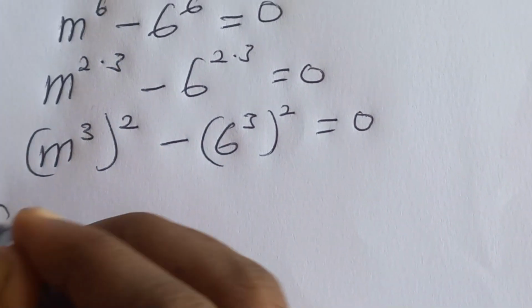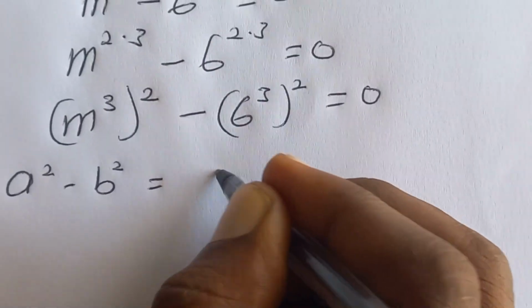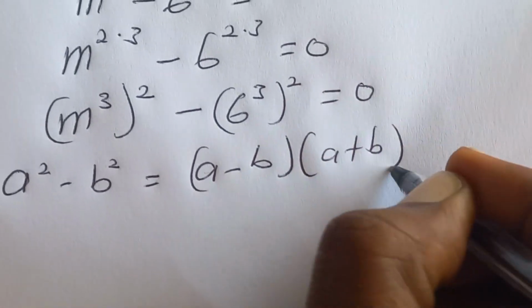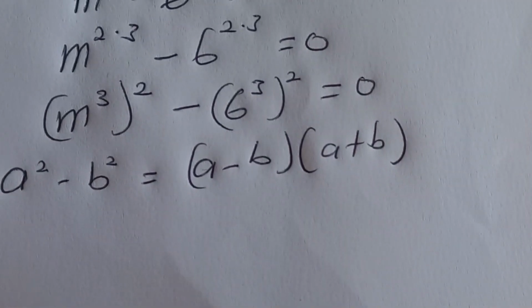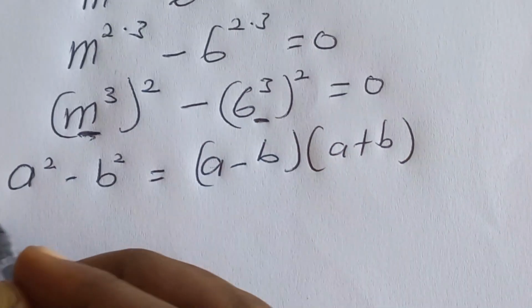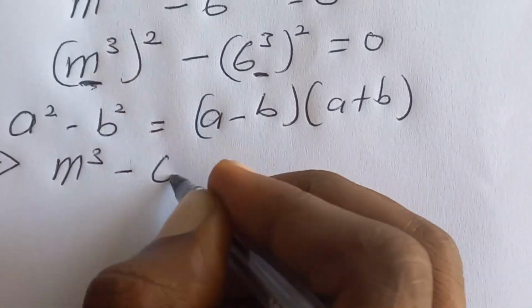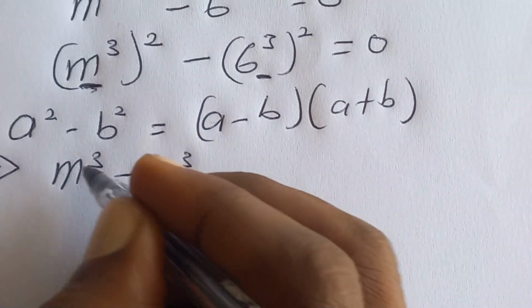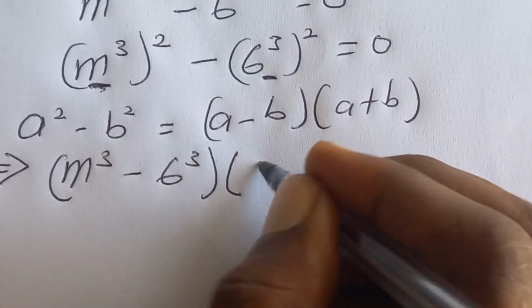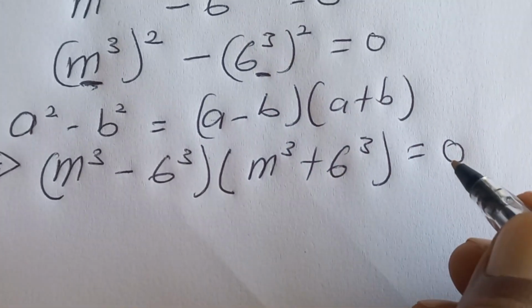Now we are having a squared minus b squared is equal to (a minus b)(a plus b) in algebra. So this is our a and this is our b. So we are going to get (m cubed minus 6 cubed) multiplied by (m cubed plus 6 cubed) is equal to 0.